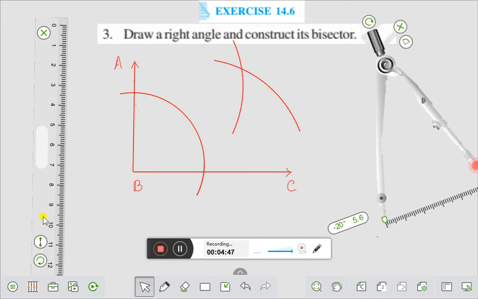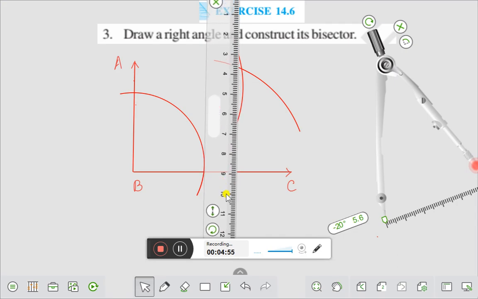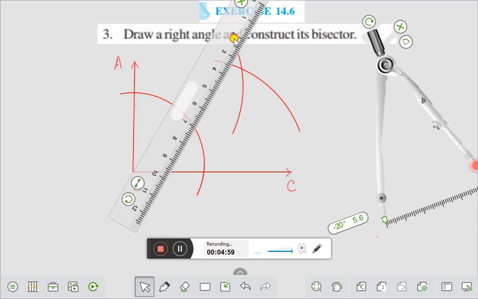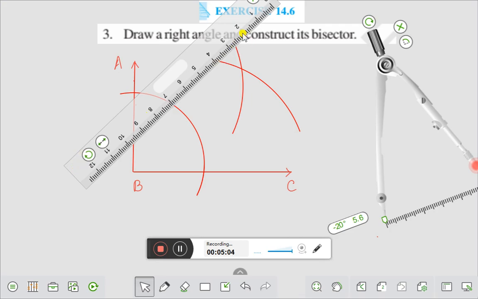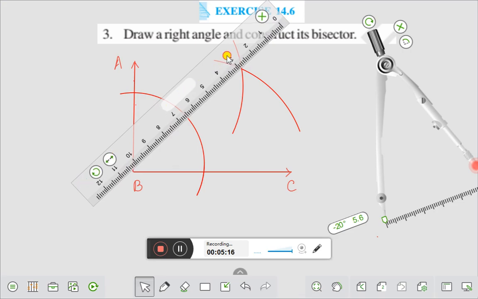Now we draw a line here. Draw this line. Now draw this line here.